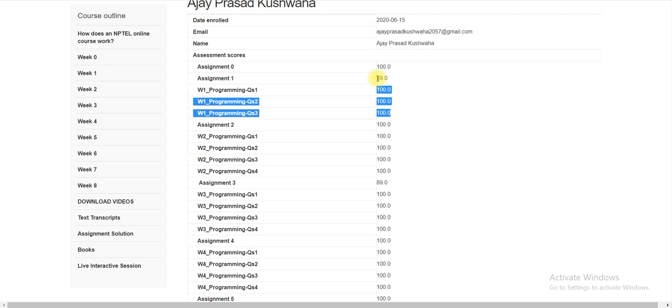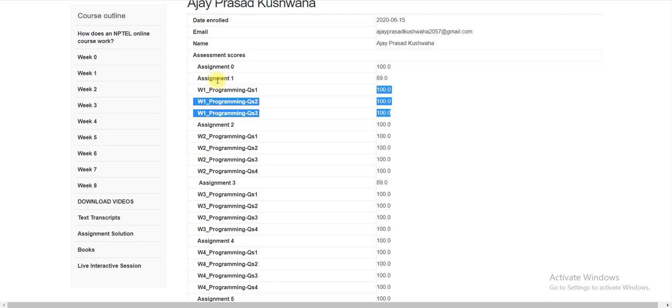So let's consider 90. This is close to 90, so the calculation will be 90. So the quiz assignment score is 90 and the programming assignment score is on average 100. So 100 plus 90 is 190 and by 2, so 95. So in week 1 our average assignment score is 95.